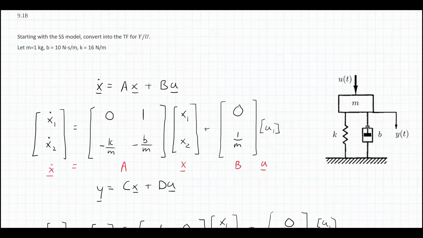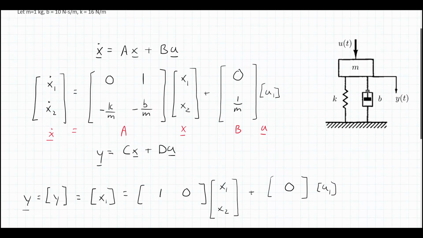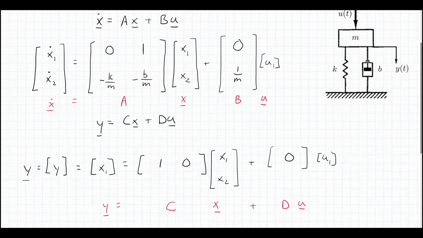All right, so I want to get the transfer function of y over u. Again, y is the displacement, the one observable that we have. As we scroll down to what we already have in our system, we have our state equation and our output equation already developed here. So I want to take my A, B, C, D matrices and convert this into my transfer function.